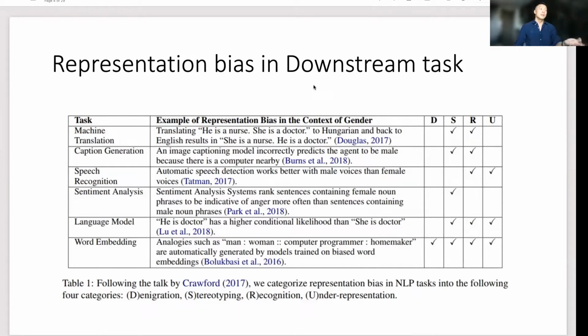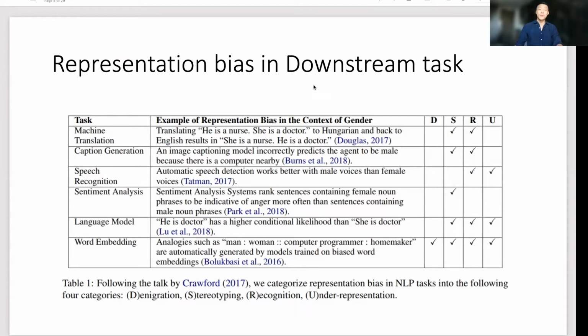So in this study they found that this kind of system works better for male voices. That's an underrepresentation problem, because it depends on the data that you feed in. And again, sentiment analysis ranks sentences containing female noun phrases as indicative of anger more often than sentences containing male noun phrases. That's another example.